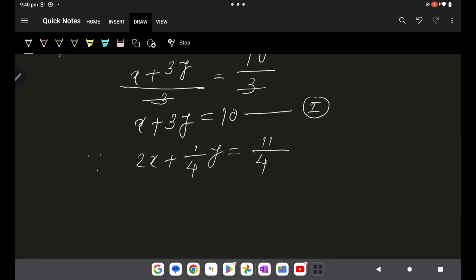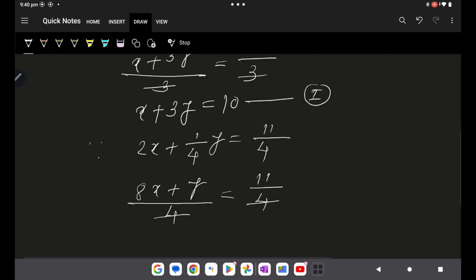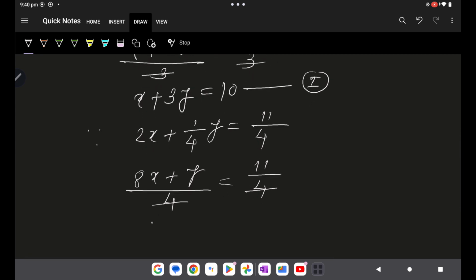Again we add the LHS, so cross multiply 4 into 2, so 8x plus y upon 4 is equal to 11 by 4. These 4s cancel. So we write 8x plus y is equal to 11. This is equation number second. Then we solve equation first and second and find out the values of x and y.